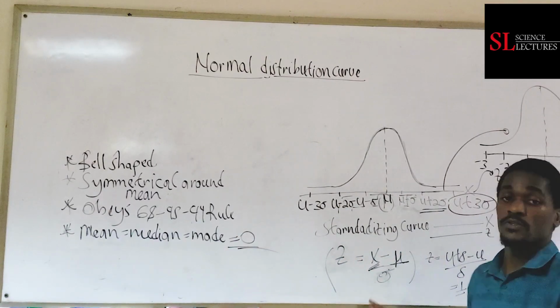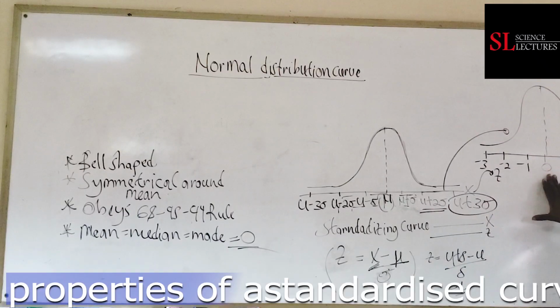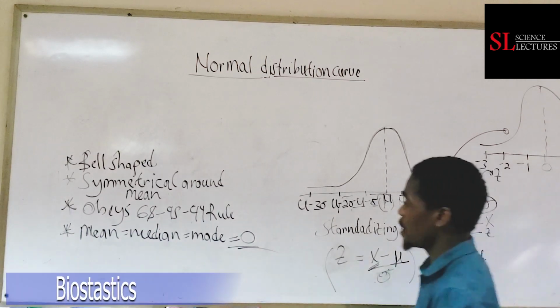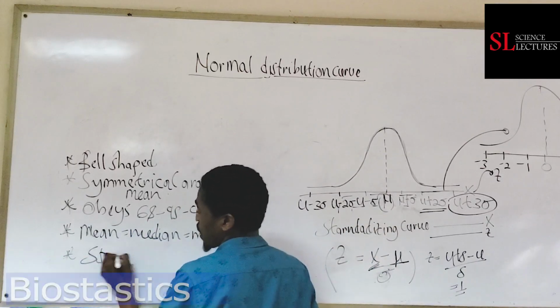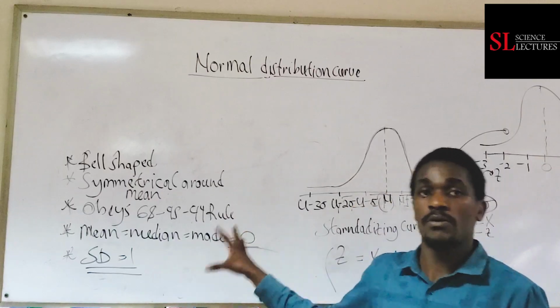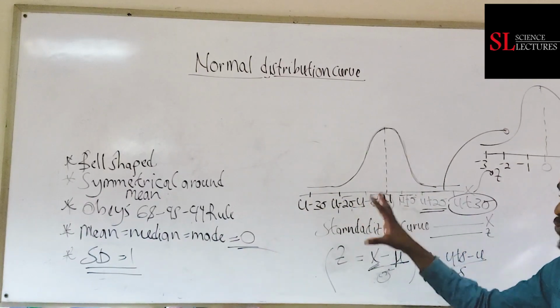That is in a standardized normal distribution curve. Then we are seeing that the standard deviation, we have 0, then 1, then 2, then 3. So the standard deviation is 1. That is how a standardized normal distribution curve is different from a normal distribution curve.